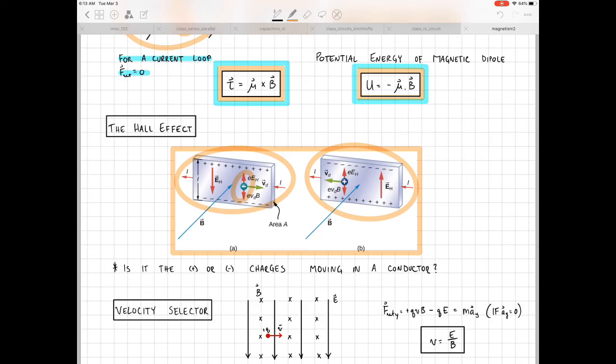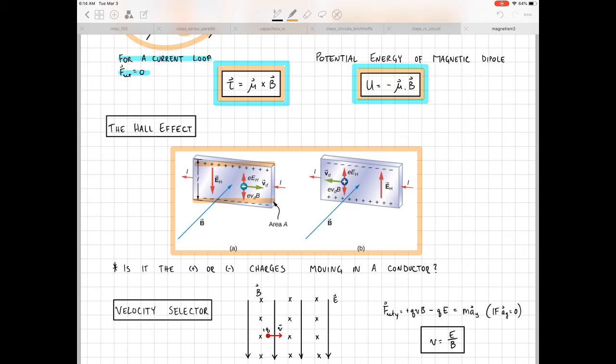Well, if this conductor is placed in a B field as shown, then those charges that are moving to the right and are negative, there will be a magnetic force on those charges in the downward direction. And so negative charge will build up on this part of the conductor, and that means that positive charge will build up on this side of the conductor.